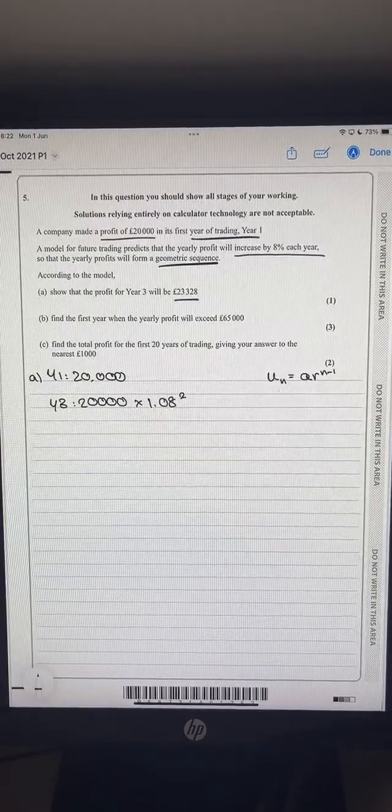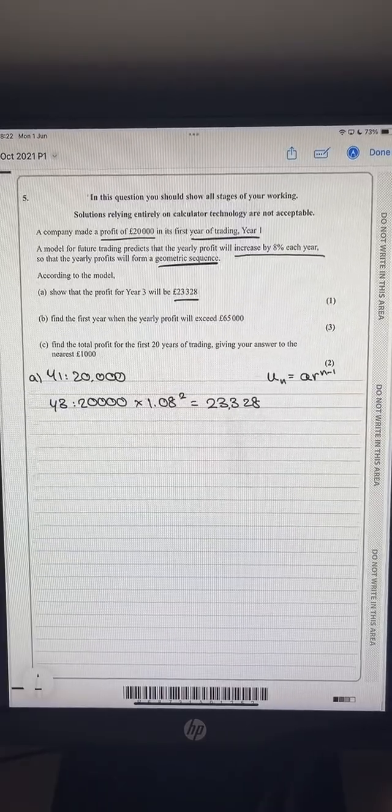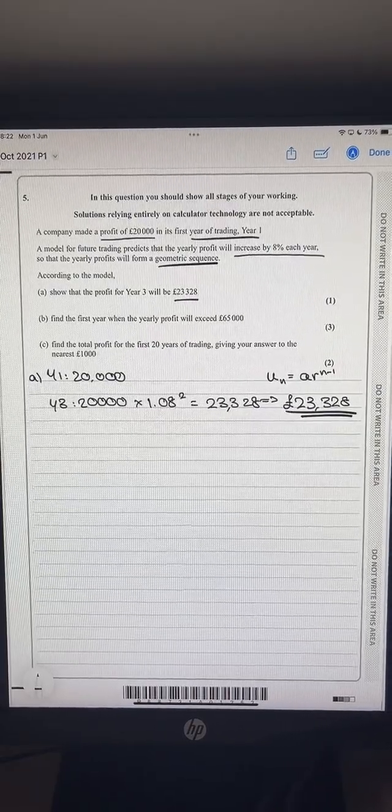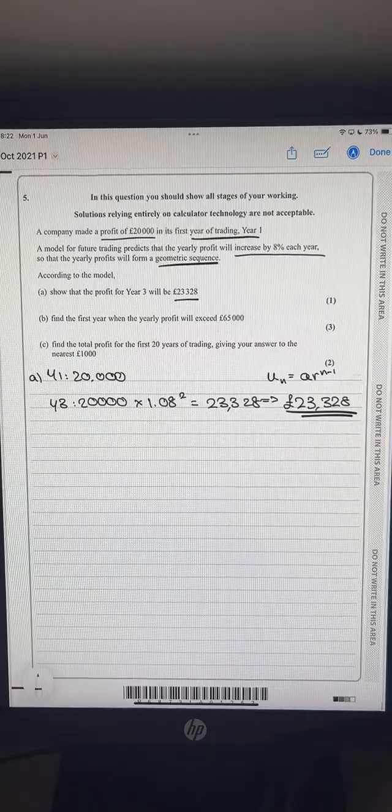So the third term is equal to the first term multiplied by my common ratio to the power of 2, since 3 minus 1 is 2. And then this gives me 23,328, and therefore that's my value. So that's my year 3 profit. I don't know why I struggled reading that number. Okay, cool. So nice standard 1 marker question.